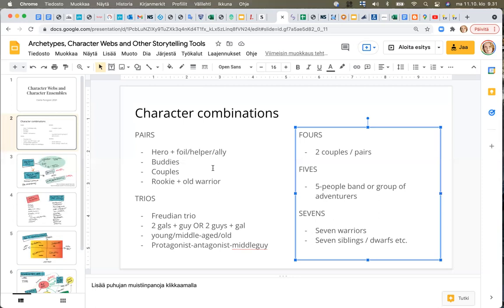But then you could also have an actual couple, which is also fairly common, so that the pair is a pair of lovers, I mean. But they can still have, of course, adventures together, so no problem there.